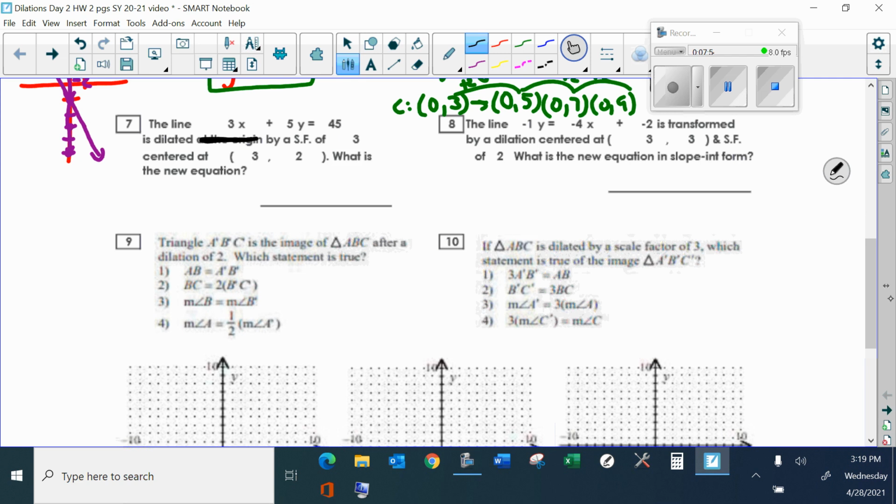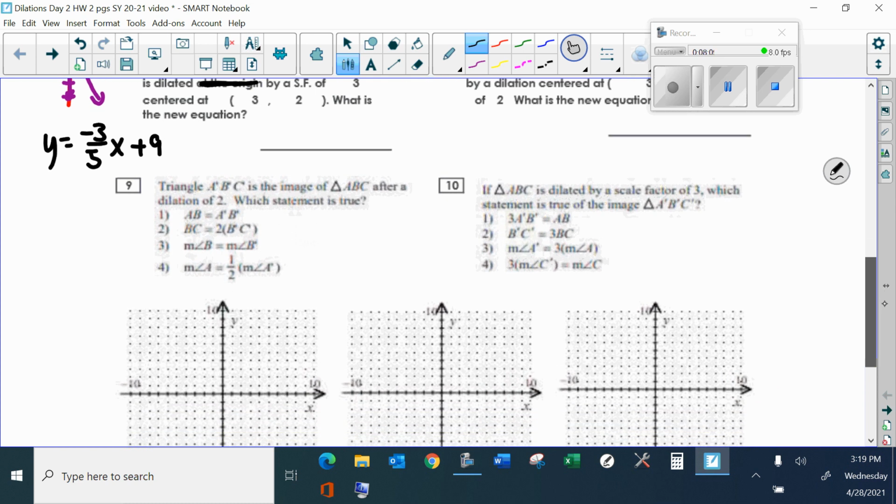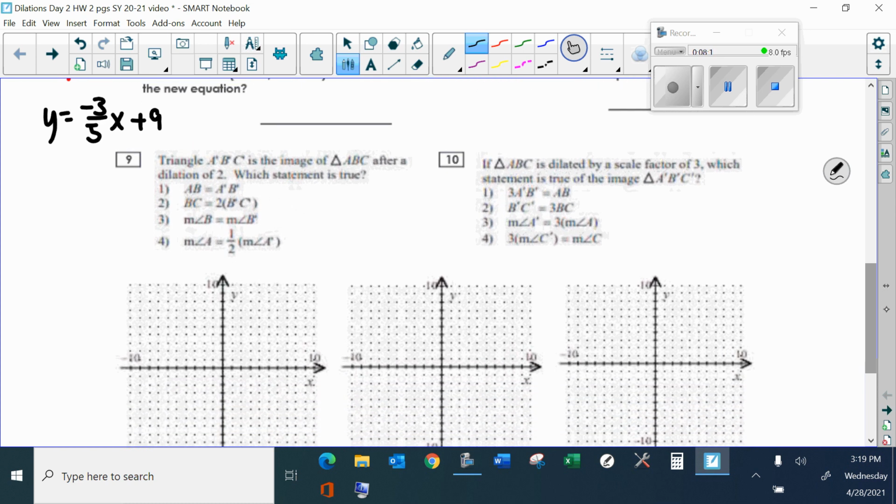What's the new equation? So first off, I'm going to go ahead and put this in slope-intercept form. y equals negative 3/5 x plus 9. So I'm going to go ahead and graph that down here. Plus 9, so go down 3, right 5. Down 3, right 5.